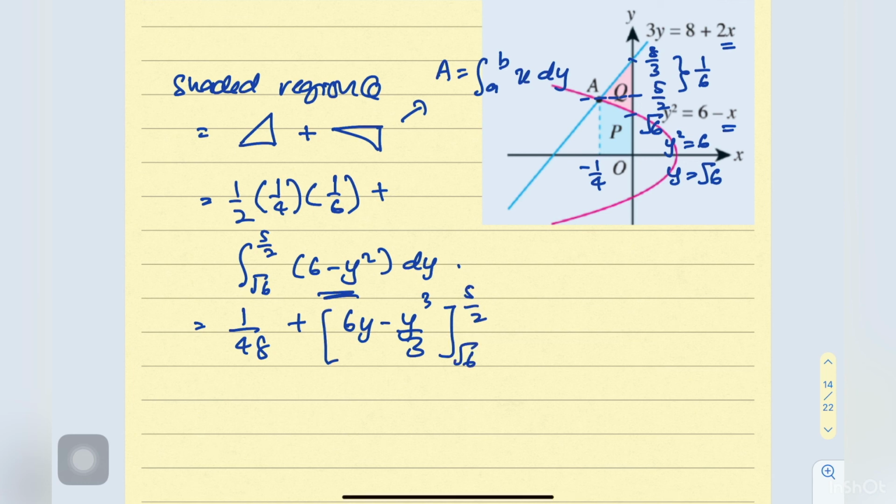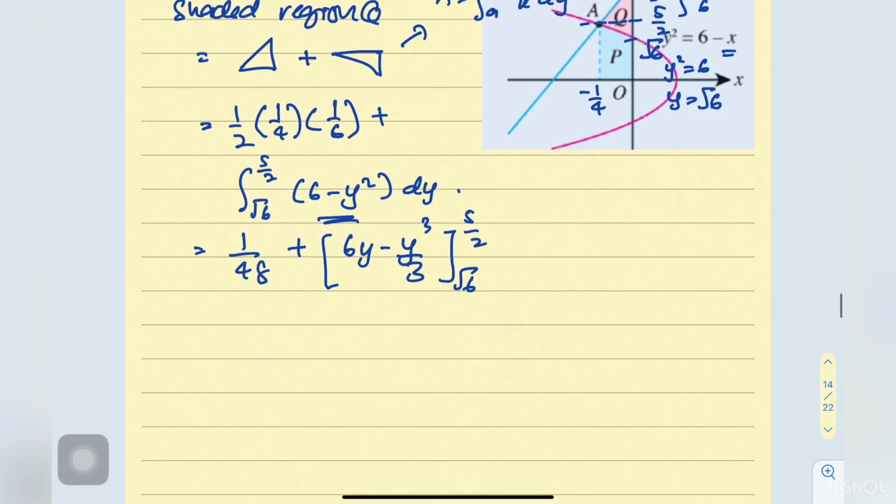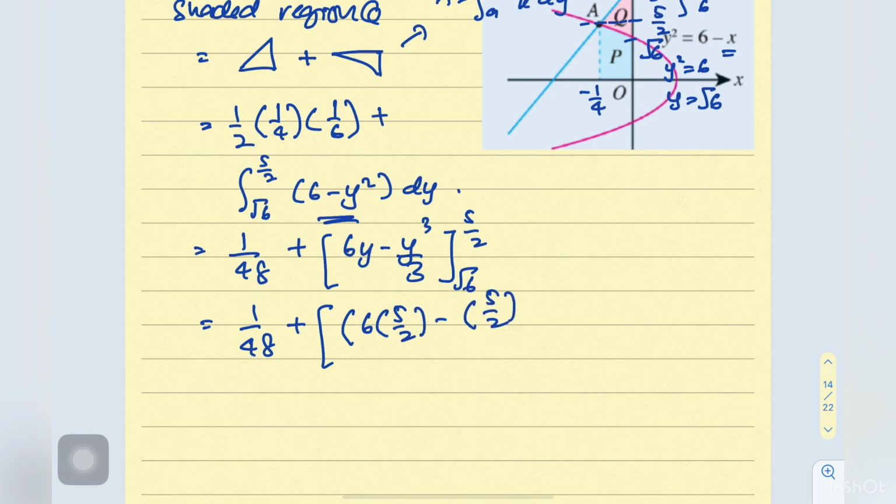So 1 over 48 plus, 6 times 5 over 2 minus (5 over 2) cubed over 3, minus, when y is square root 6, 6 times square root 6 minus (square root 6) cubed over 3.